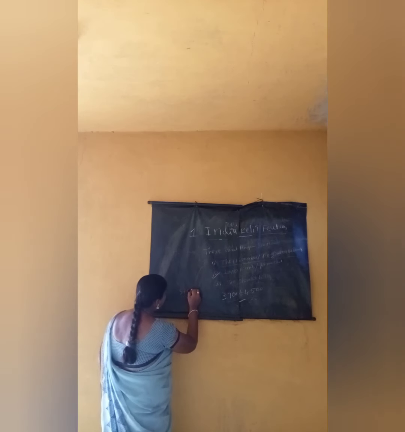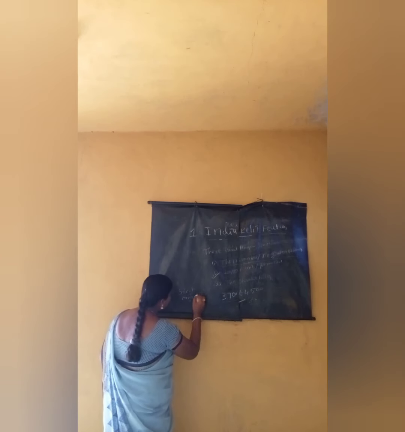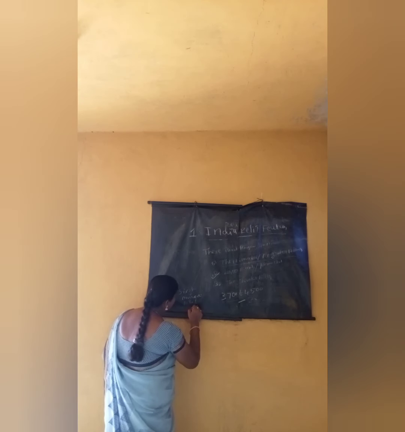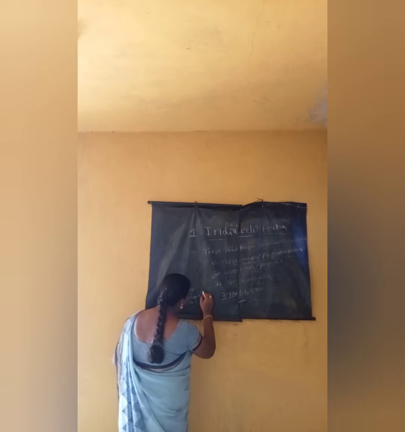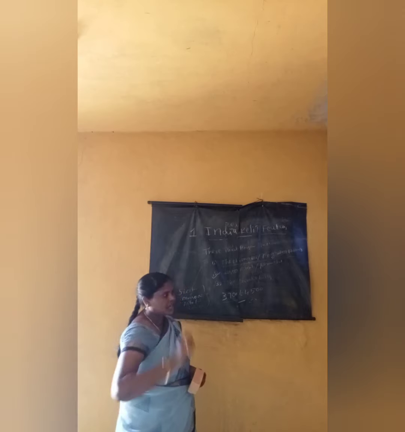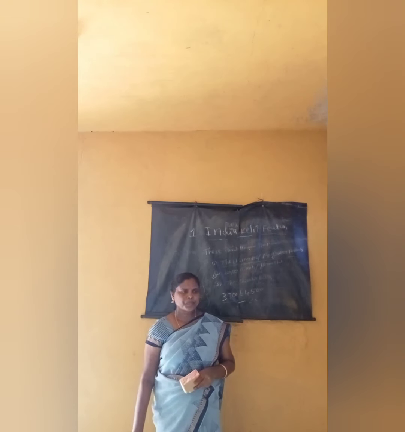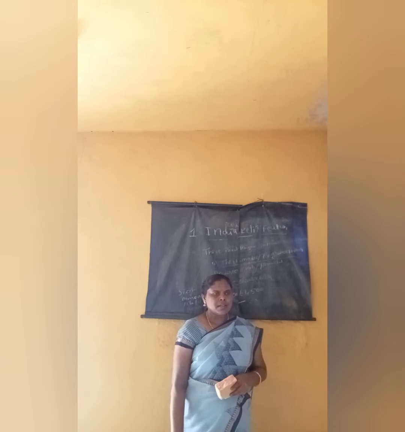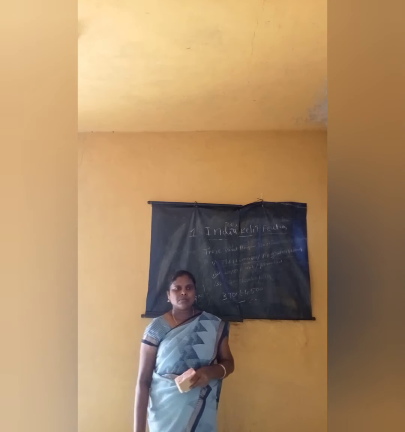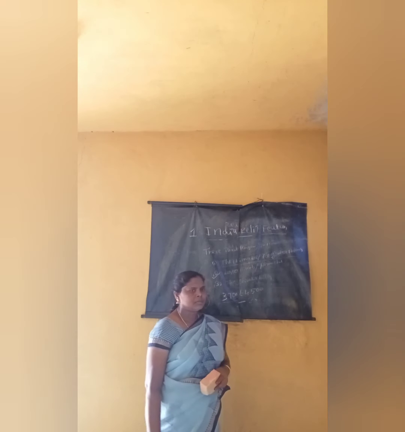Simla, Mussoorie, Nainital, Ranikhet are some hill stations in the Lesser Himalayas. Next, the Shivalik Hills, the southernmost range.